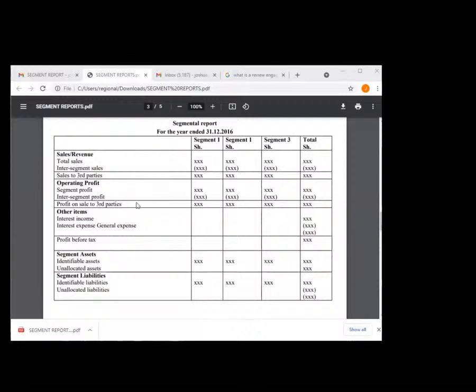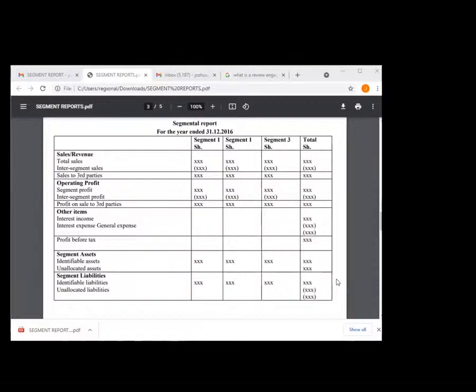We don't bring issues of tax in segmental reporting. Then we have the segment assets, the ones which are identified for each segment, and then the unallocated assets, which you are not able to allocate to any segment, and then you give the total. Then we have the segment liabilities, the same approach, identified liabilities, and then unallocated liabilities.